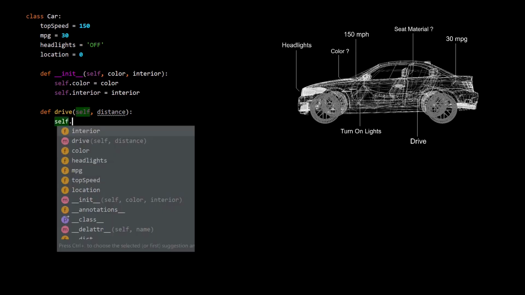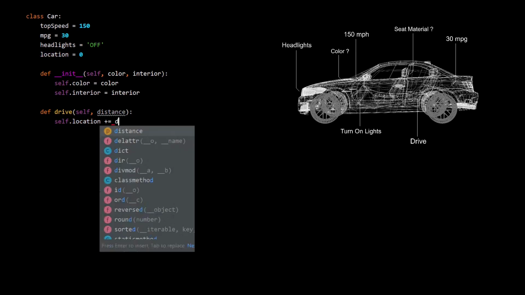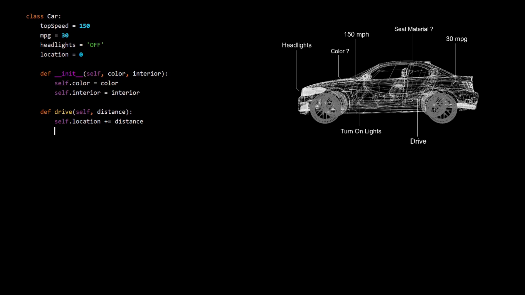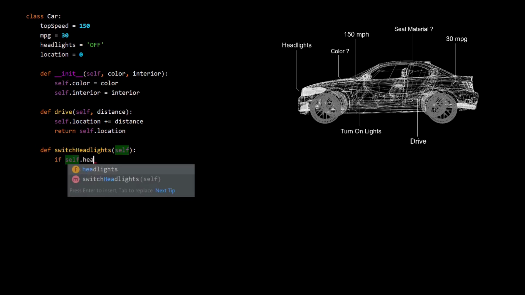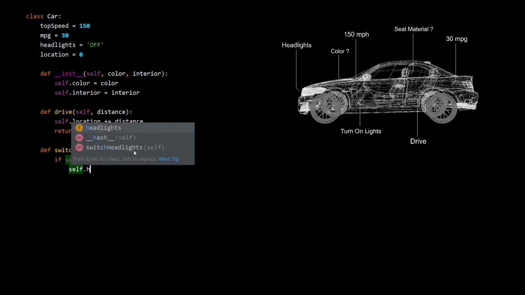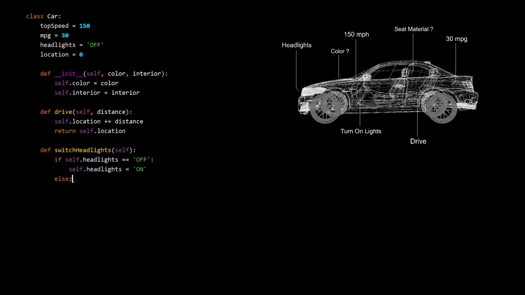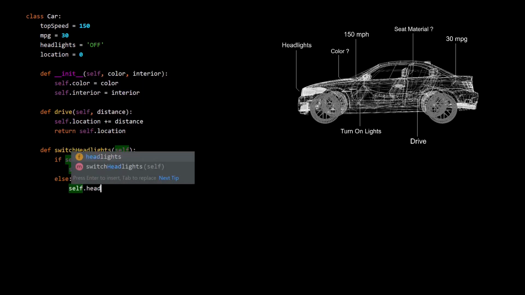For example, for the drive functionality, when we pass distance to that, we can update the location of that individual car by the distance that it drove.